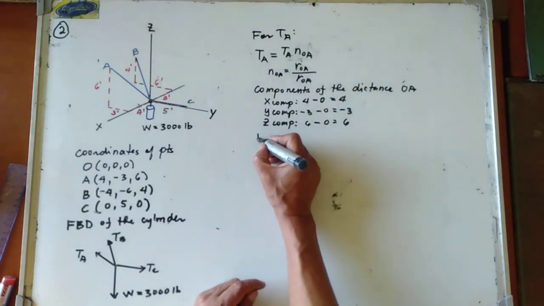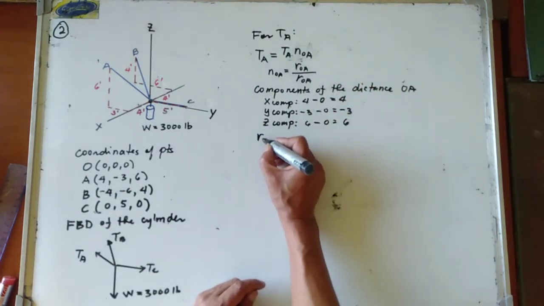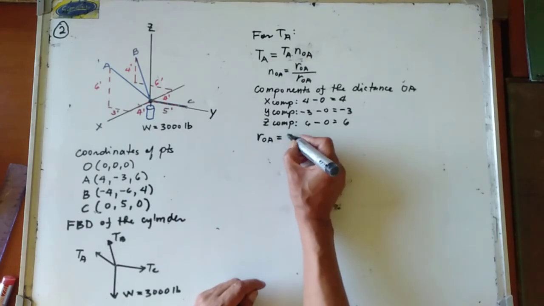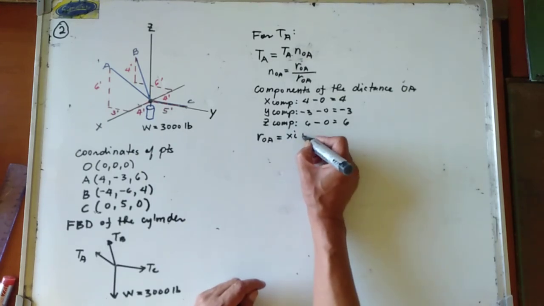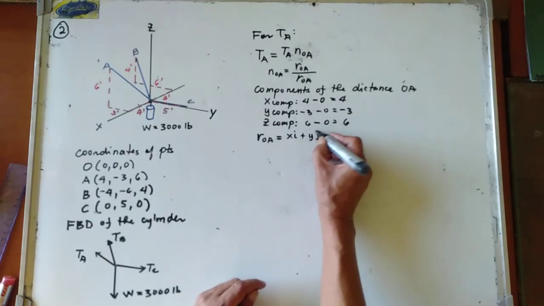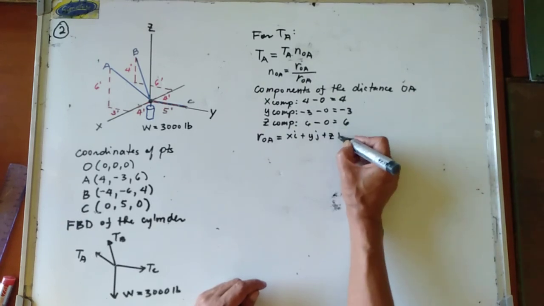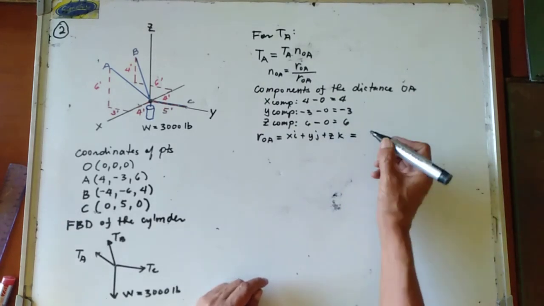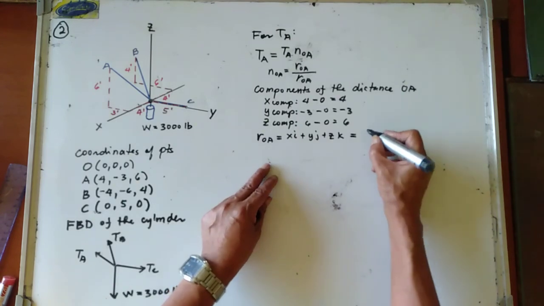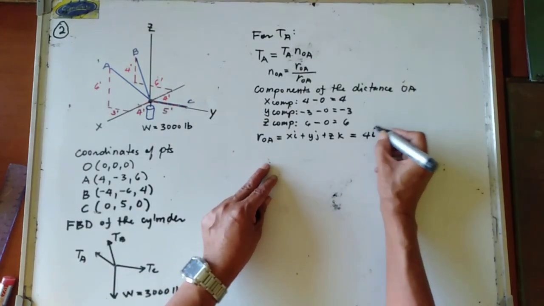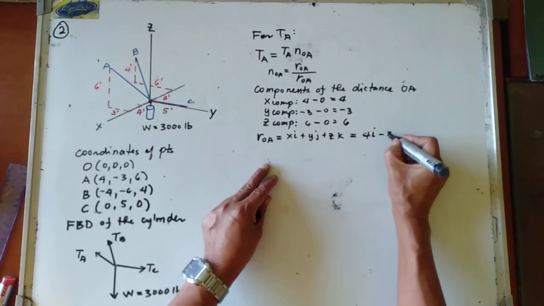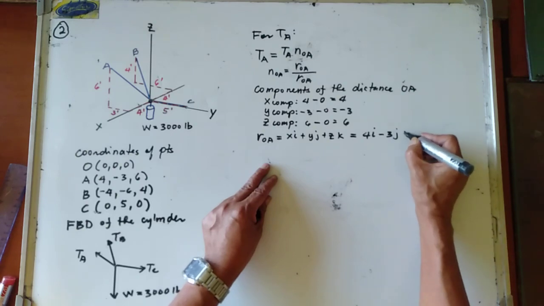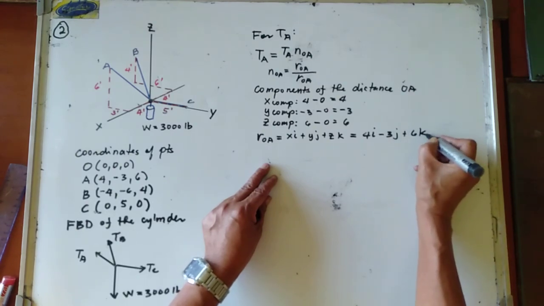Hence, the position vector OA is equal to xi plus yj plus zk, which is 4i minus 3j plus 6k.